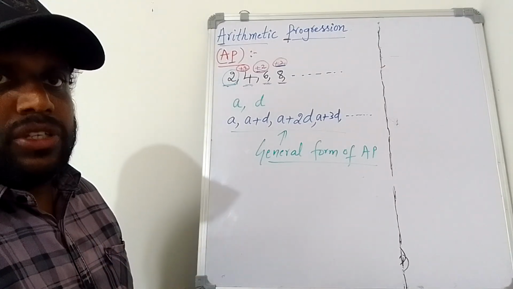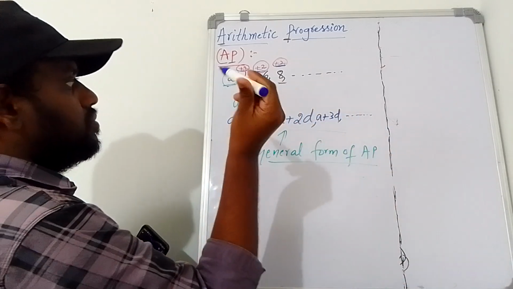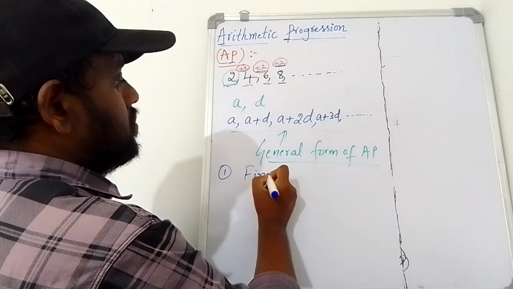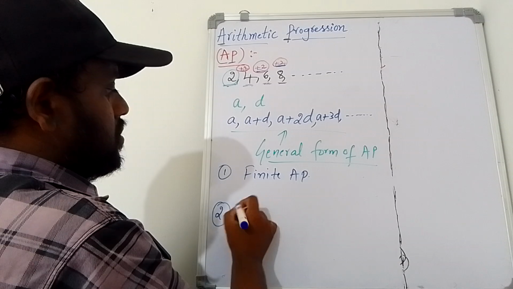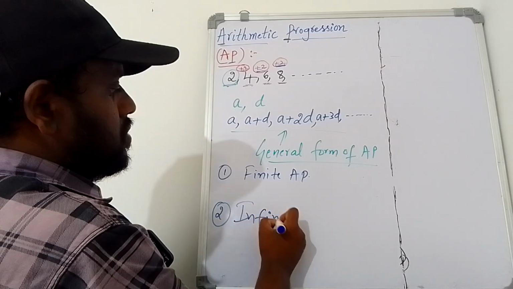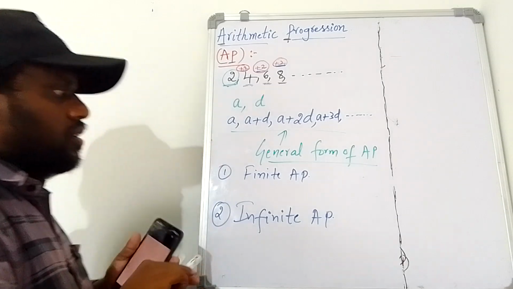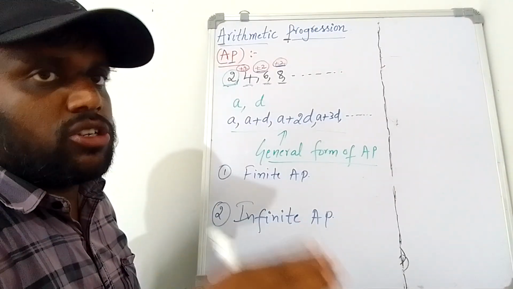Next, there are two kinds of AP. One is finite AP, another one is infinite AP. Finite AP is the AP that has a last term.